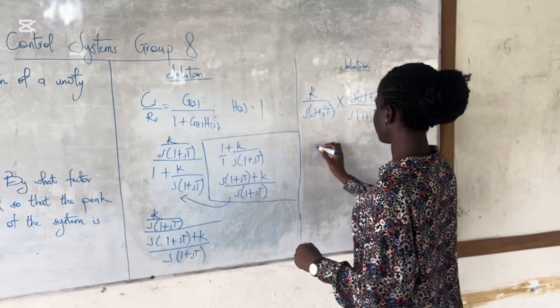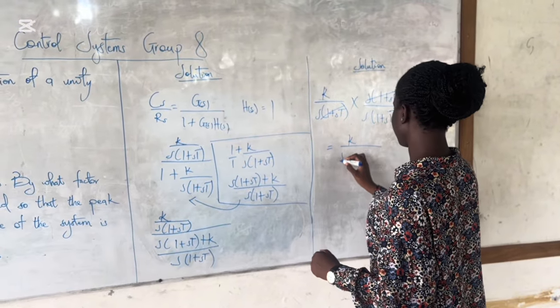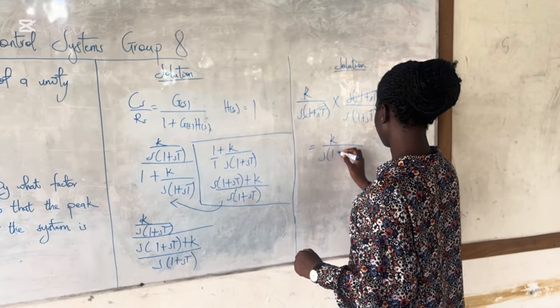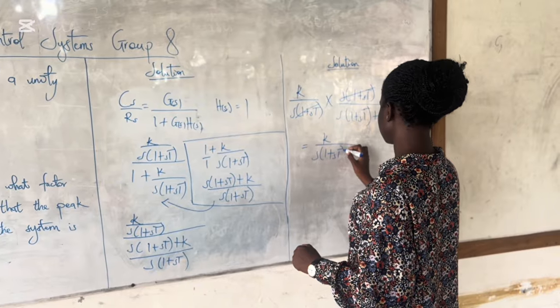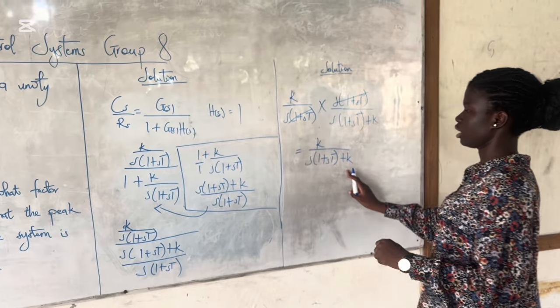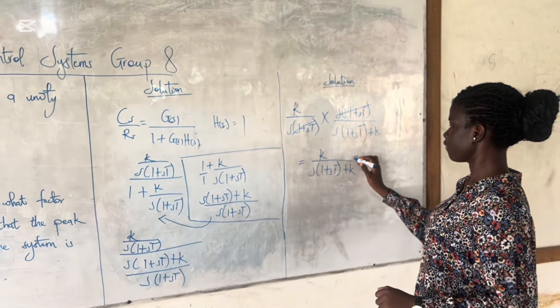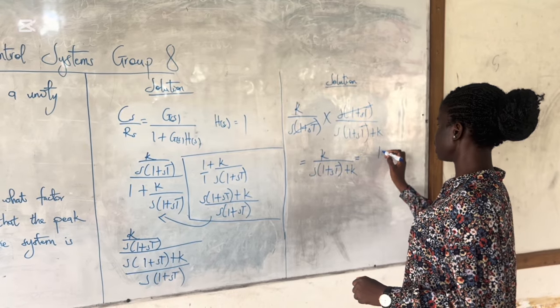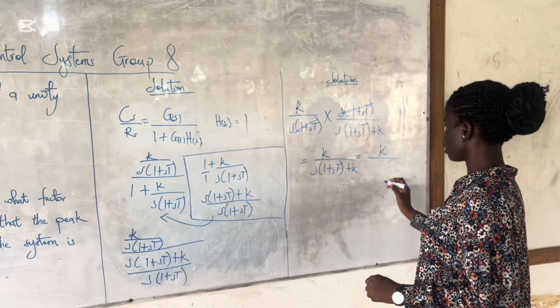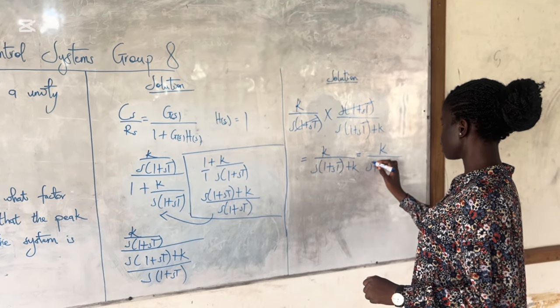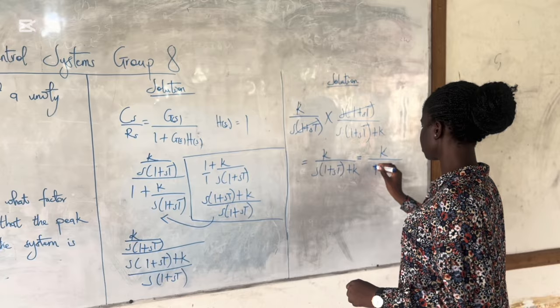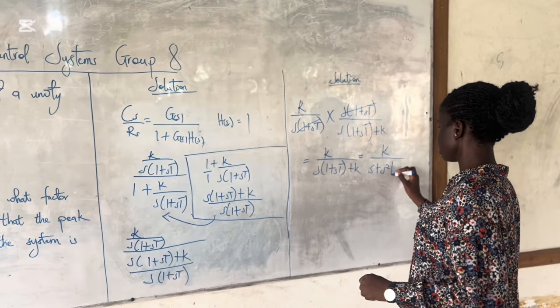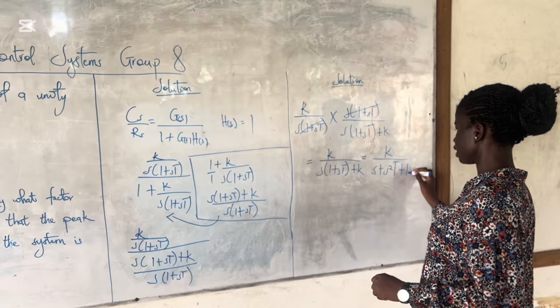So we have K over S(1 + ST) plus K. And if we multiply through, our final equation would be K over S squared T plus S plus K.